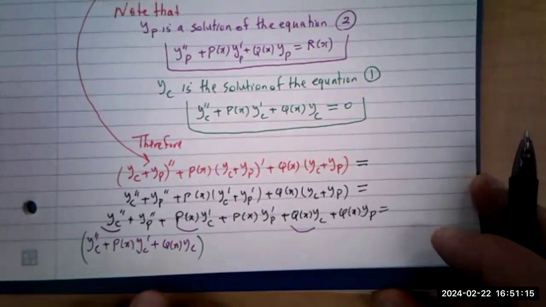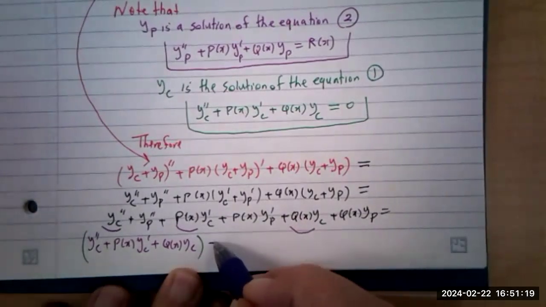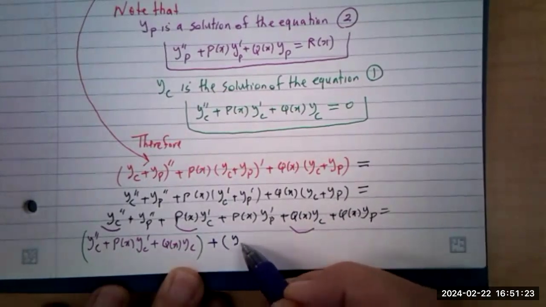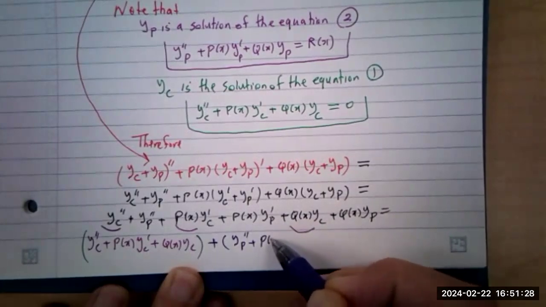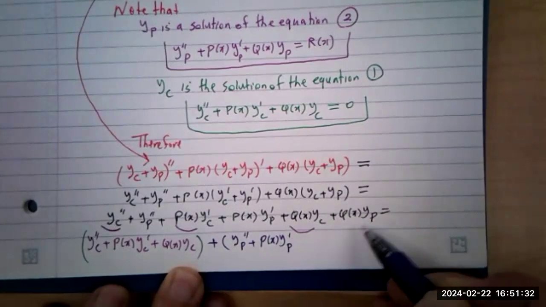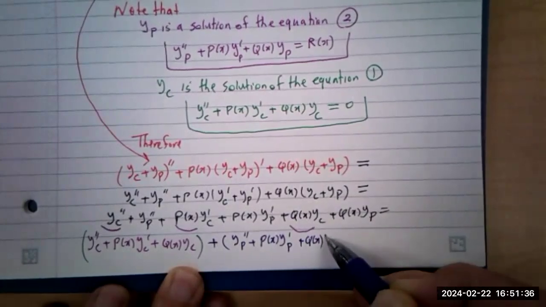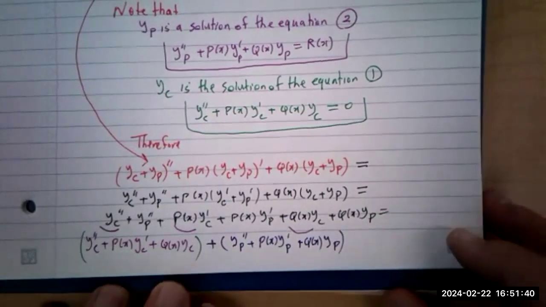What's going to be the leftover? It's going to be plus a new group: yp double prime plus p(x) yp prime plus q(x) yp. This is how we group them together.